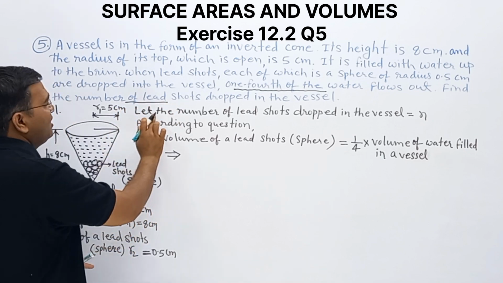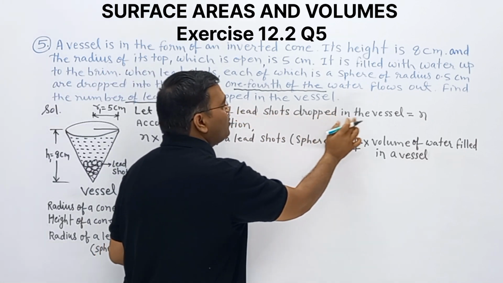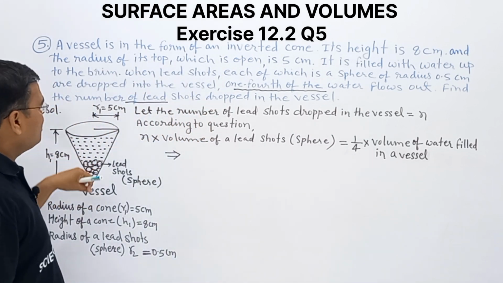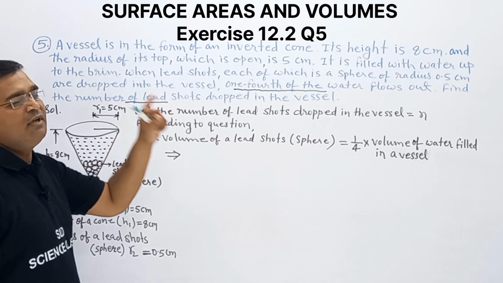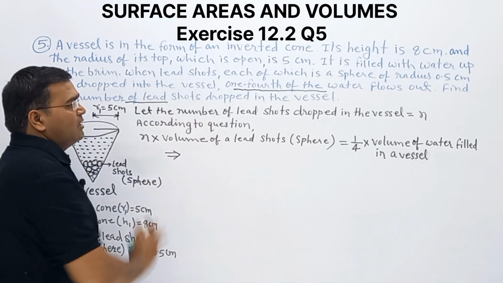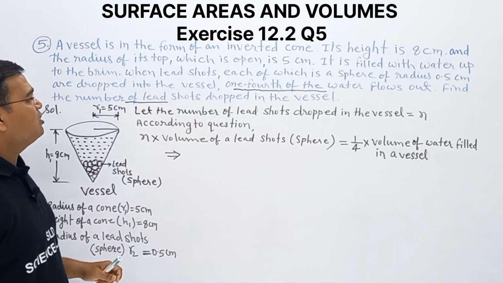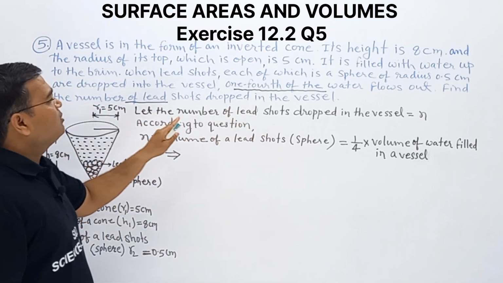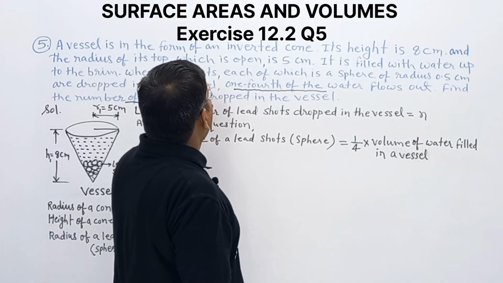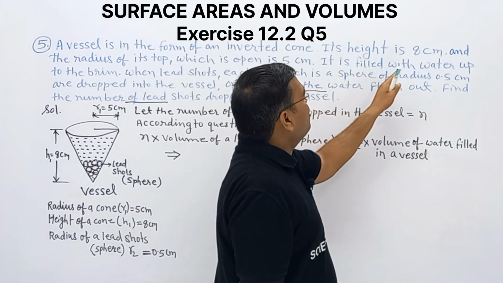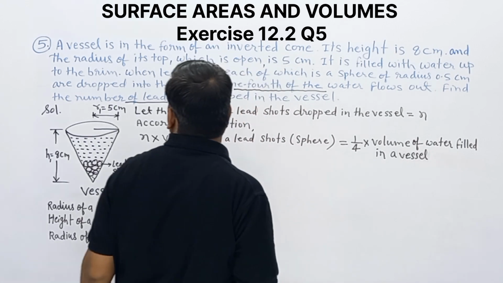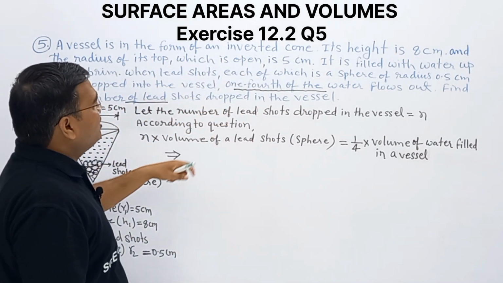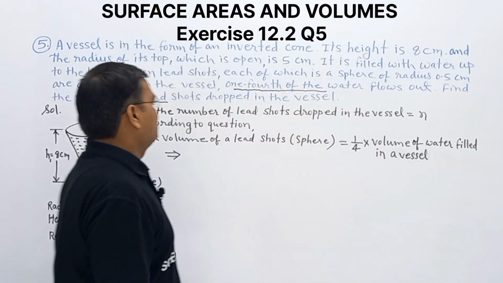So we are assuming the number of lead shots dropped in the vessel equals n. The number of lead shots we are dropping in this vessel is n. According to the condition in the question, as per the question, when lead shots, each a sphere of radius 0.5 centimeter, are dropped into the vessel, 1/4 of the water flows out.